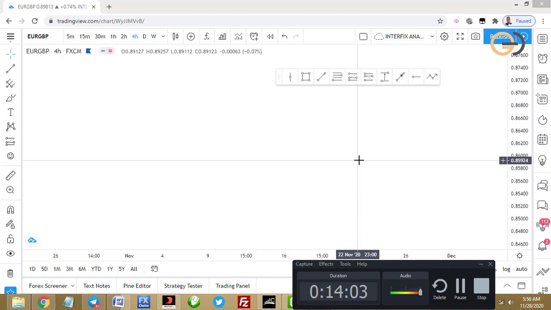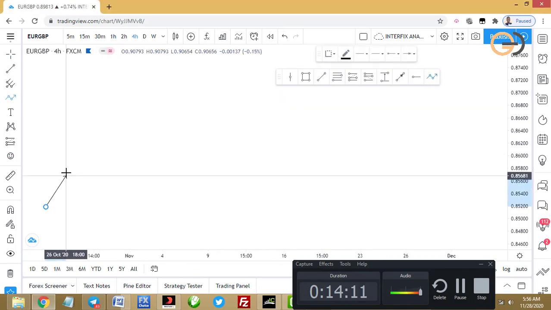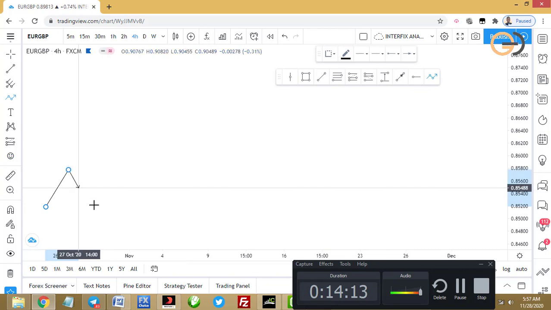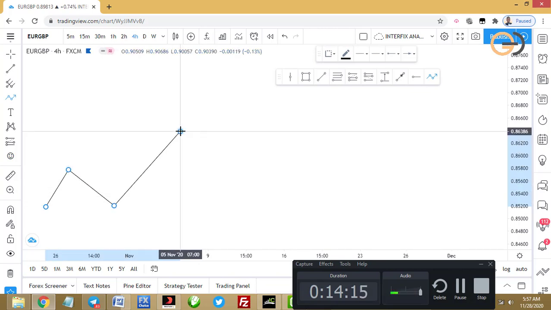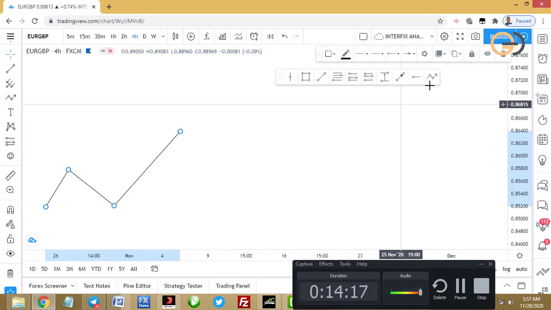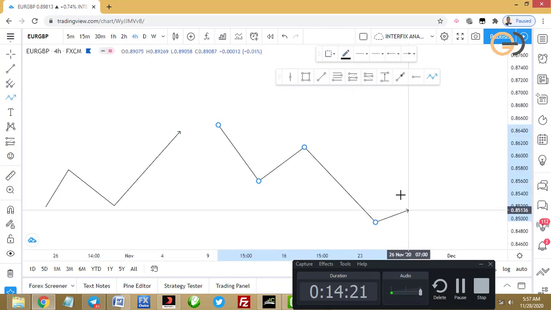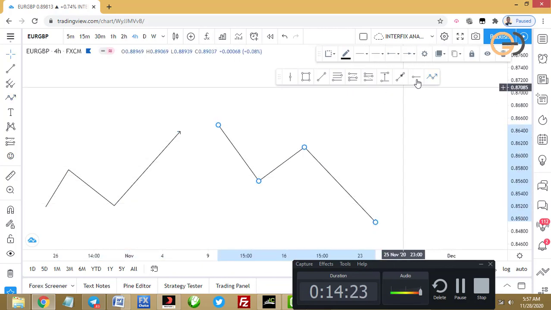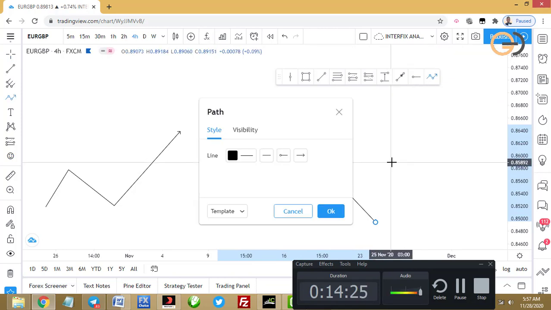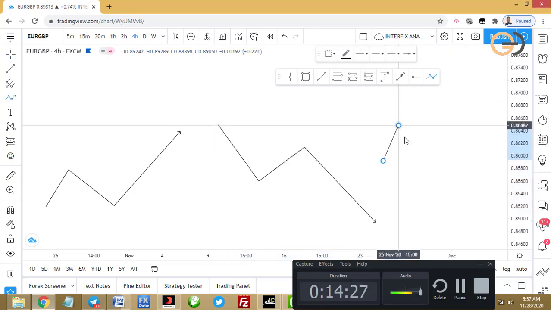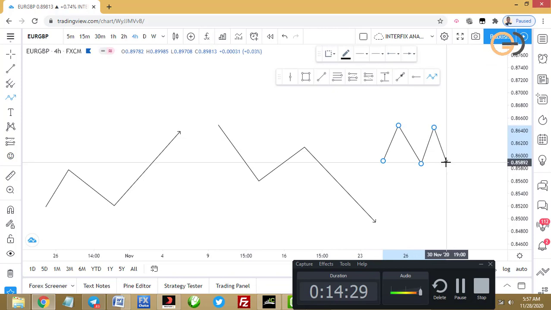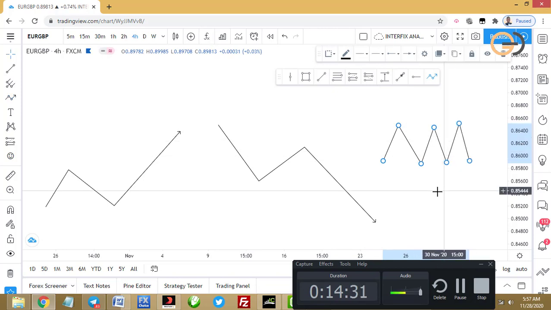So first of all, I want you to understand that the market moves in 3 phases. Like I've said before, we have the uptrend when the market is moving to the upside. Okay, then we have the downtrend. And then we have the ranging market, when the market is ranging, no clear directional movement.